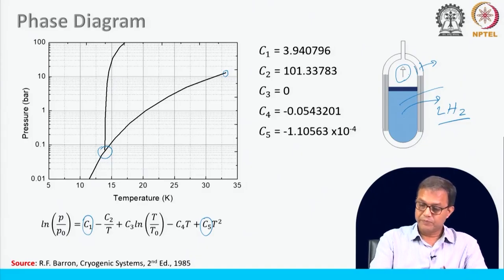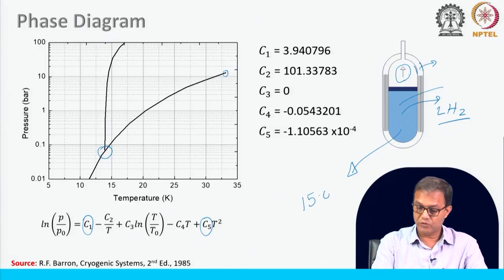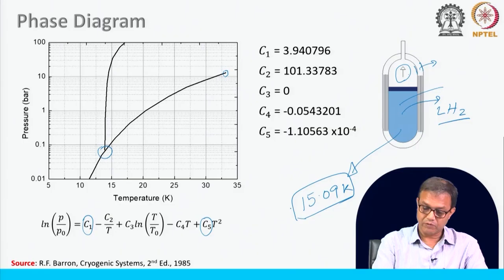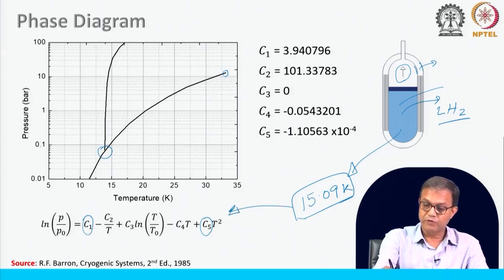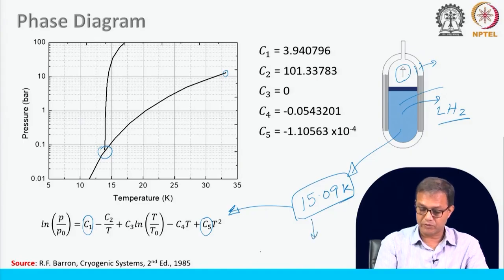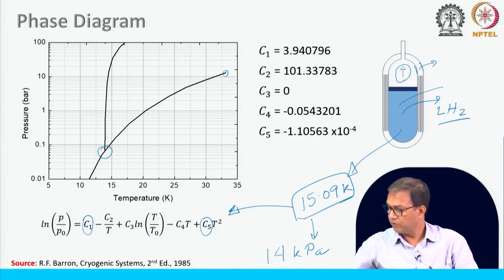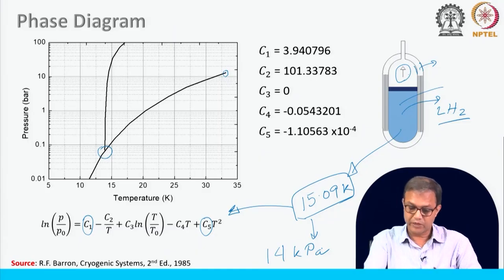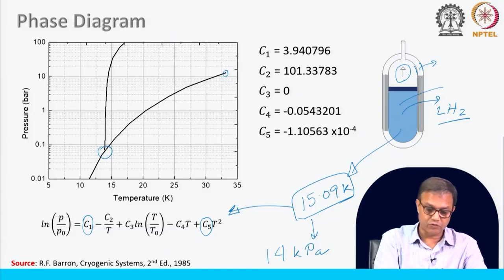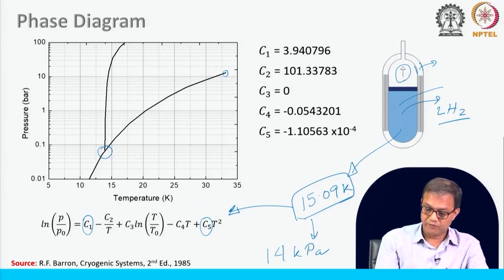For example, if you know that the temperature of this liquid is 15.09 Kelvin, then putting in all these coefficients, the corresponding pressure comes to be nearly 14 kPa. You can check this value corresponding to 15.09 Kelvin.